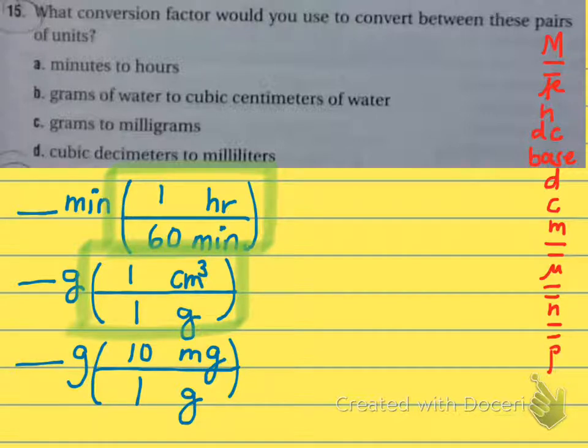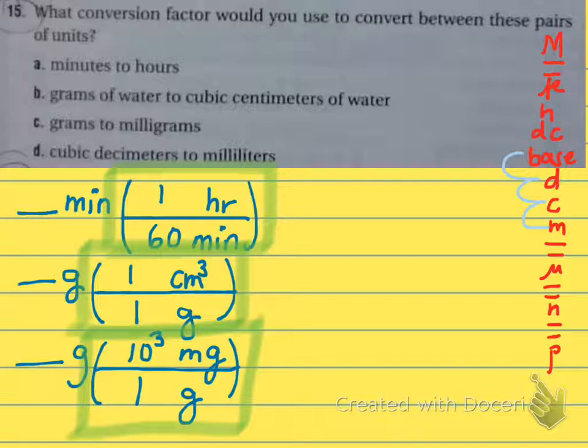So remember to use this. I start at my grams, which is my base, and I count how many times I move. So I move 1, 2, 3. So this is going to be 10 to the third milligrams, or 1,000. So again, this is what your book was asking for as the answer to that.